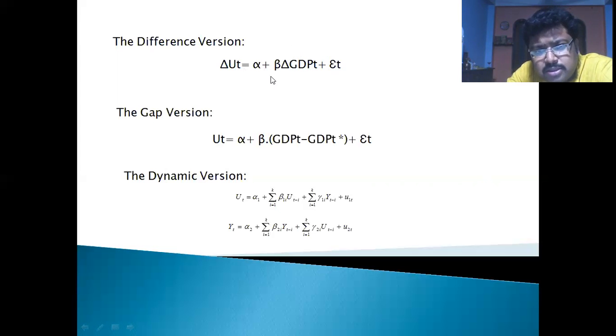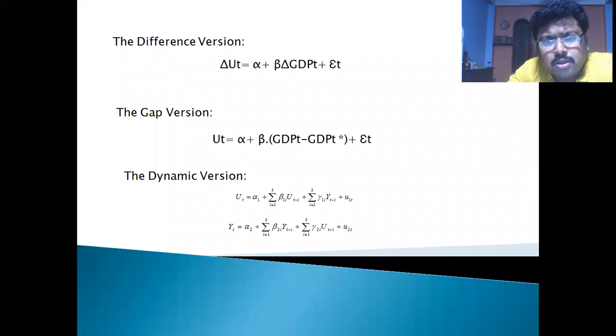If this part is not in this equation, then only this part remains, which is the natural rate of unemployment, you know. So this is the difference version of Okun's law.